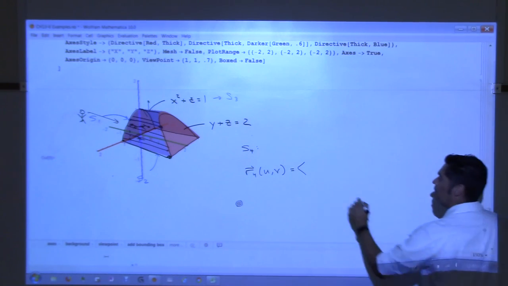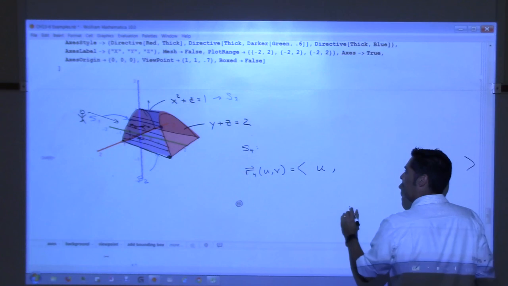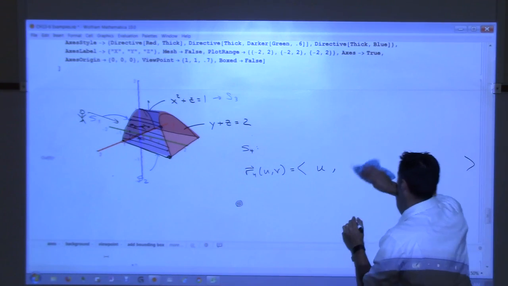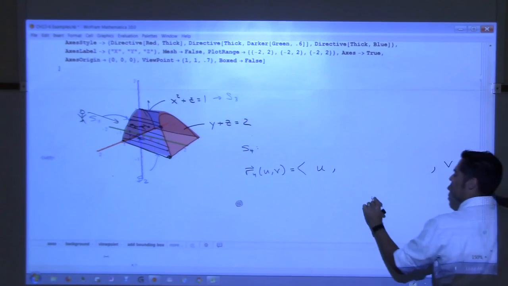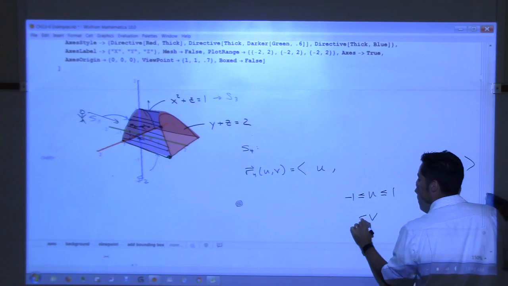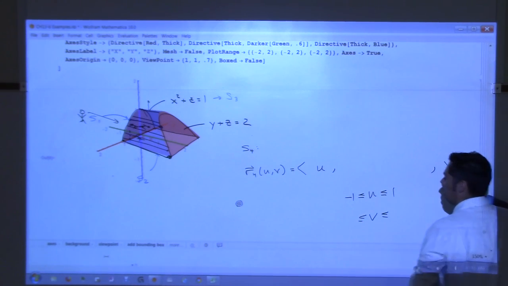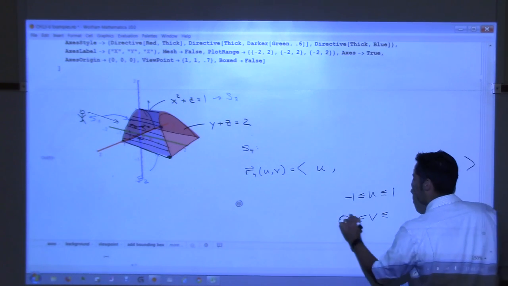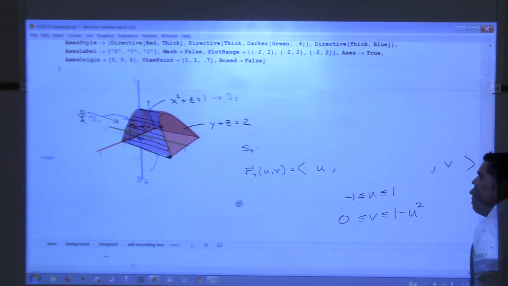It was u here, right? And z was v. And u went between -1 and 1, and v was between what? 0 and 1 minus u squared.